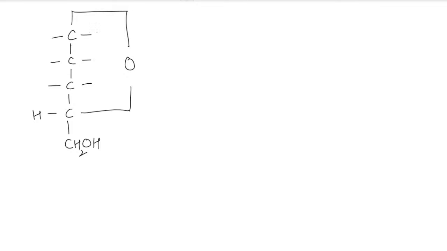So, if OH is on the left side, so obviously CH2OH on the right side. 1, 2. Third carbon, you know, it is OH, H. So let us write. I think you can write it easily now.